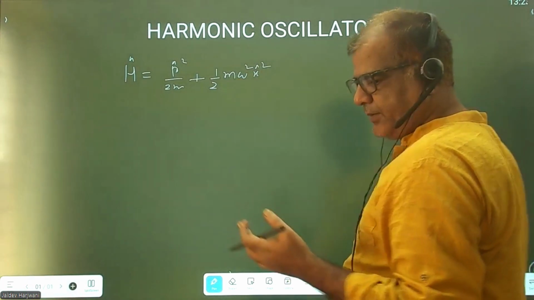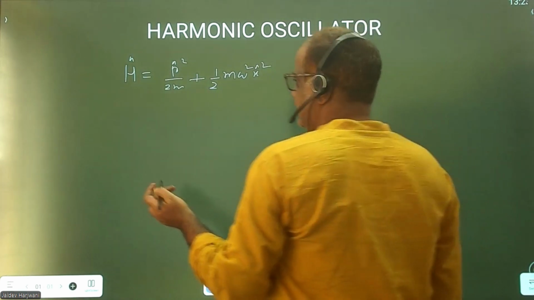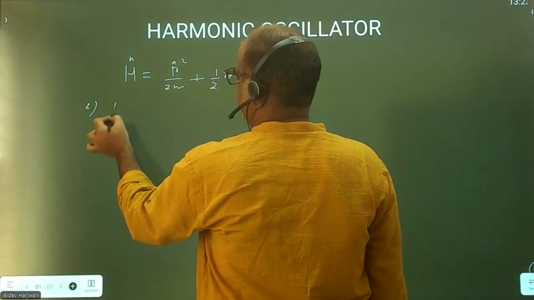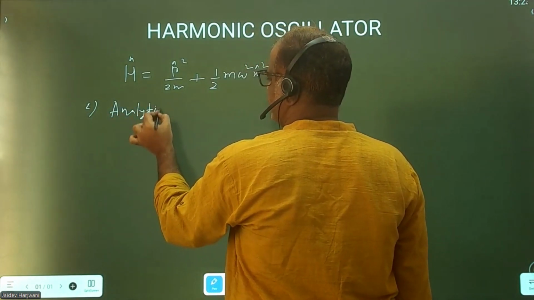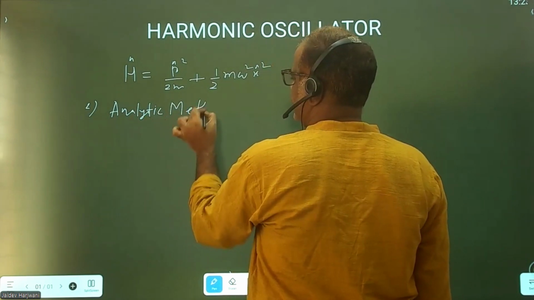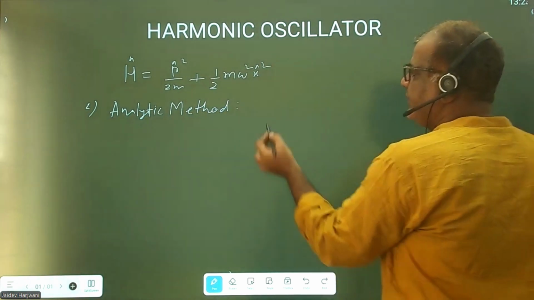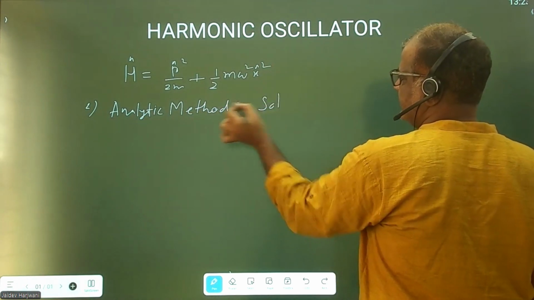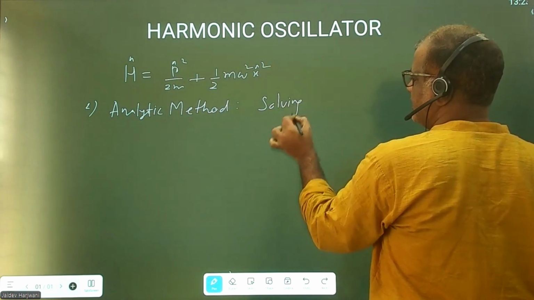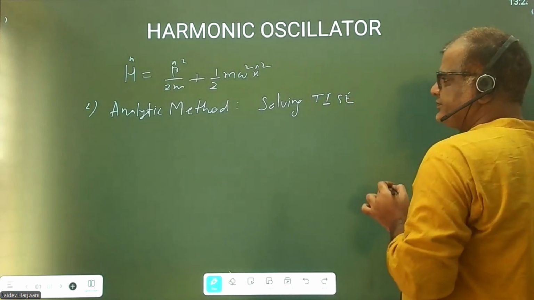Now the harmonic oscillator potential I can solve by two methods. One is called the analytic method, which involves solving the time independent Schrödinger equation.